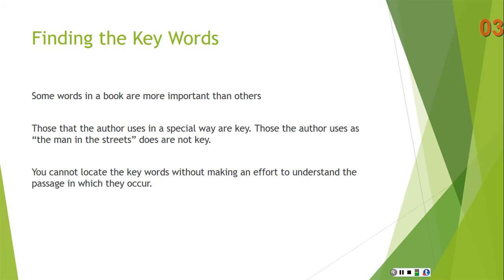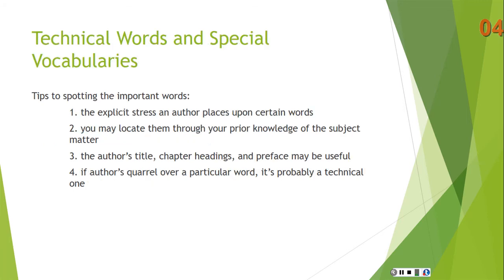Is it a very particular way, unique to the author, or is it just a sort of humdrum everyday way of using that word, a way that we all use that word? And that'll tell you the difference between a word that's key and a word that's not.